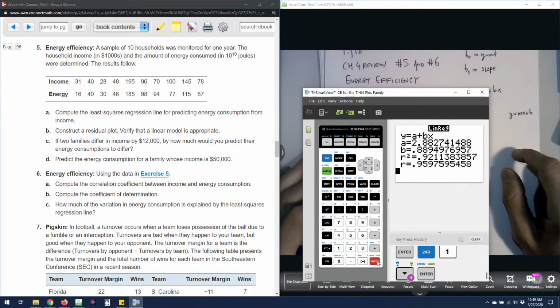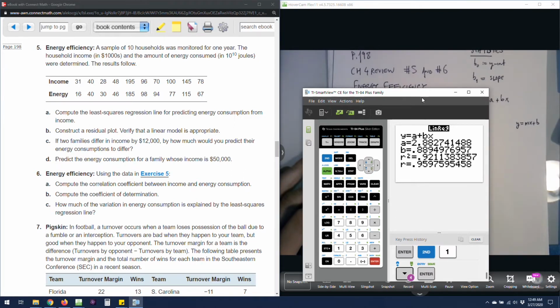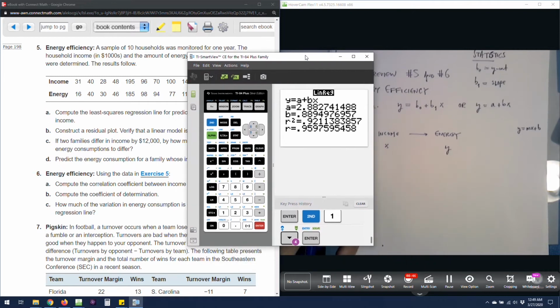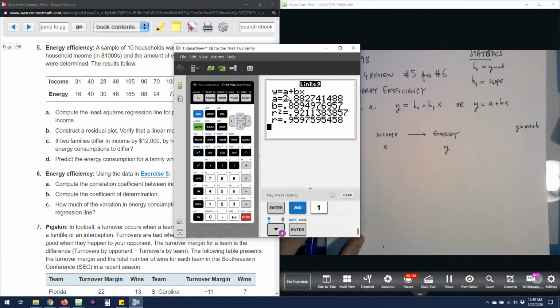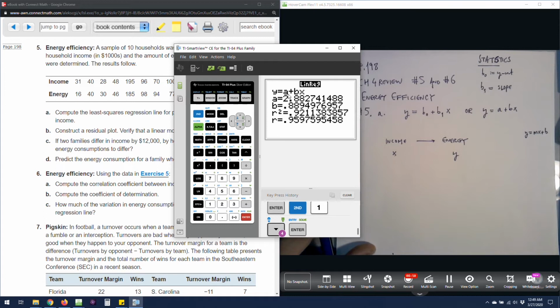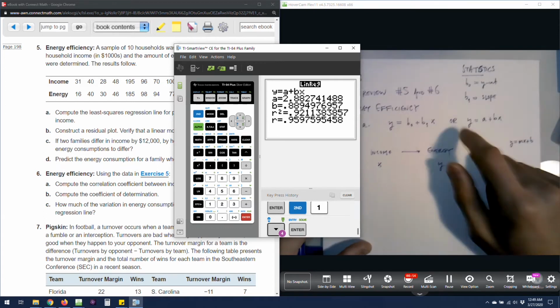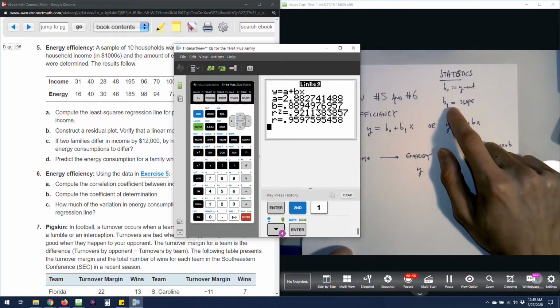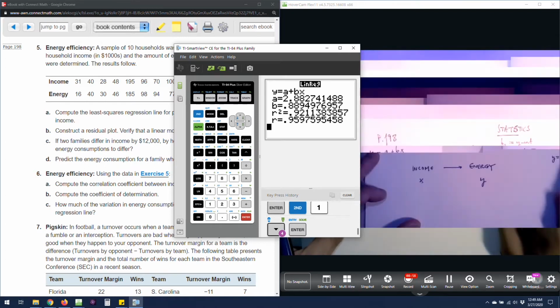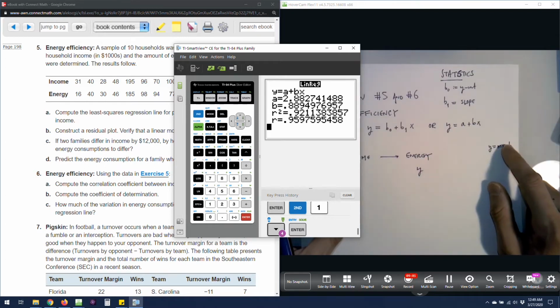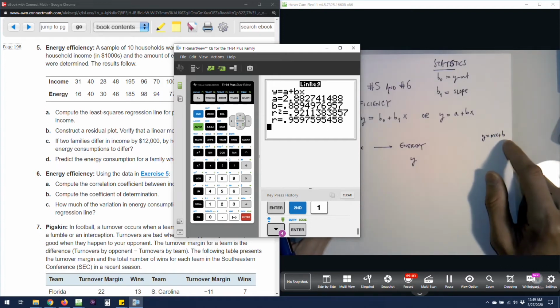Part of the reason that we chose this ln_reg option number 8 is so that a plus bx, the b is the slope in statistics. The b's are slopes in statistics, which is kind of annoying because in algebra, you learn that b is the y-intercept.